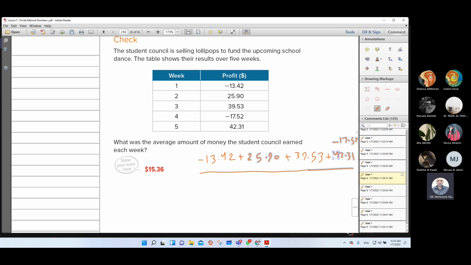Then how many numbers do you have here? 1, 2, 3, 4, 5. So divided by 5.